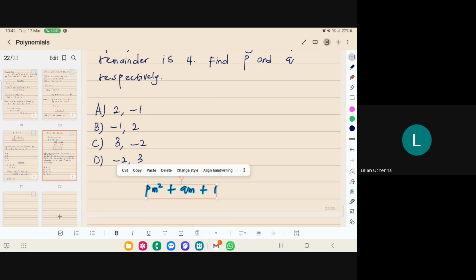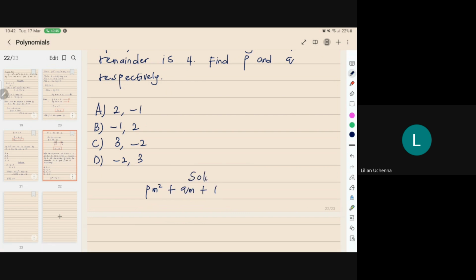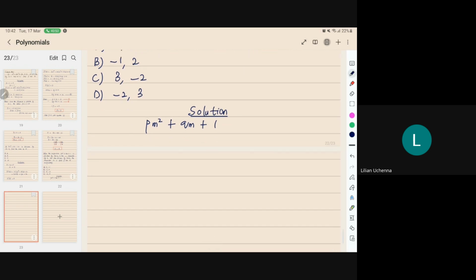This was the function that was given to us. So now, solution. They said the remainder of that particular function, divided by m minus 1. We're not going to divide that, we're going to use our remainder theorem.